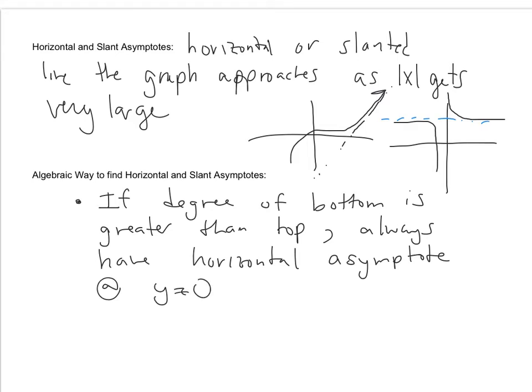So if the degree of the bottom is bigger than the top, then we always are going to have a horizontal asymptote at y equals 0, no matter what.